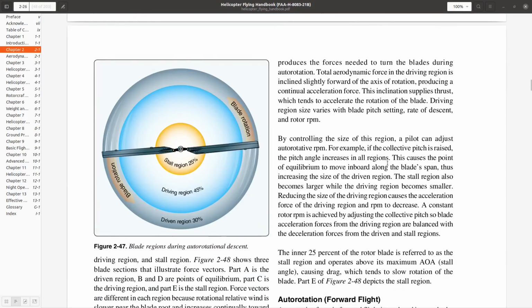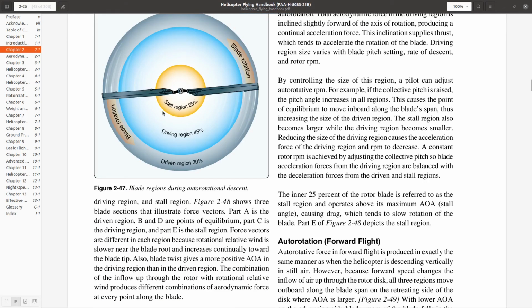So in an autorotation, what happens is the air is coming up through the rotor. So typically, you would drop the collective control, which I realize we haven't talked about yet in detail, and flatten out these blades so that they can spin. And you have in the middle what we call the stall region. This stuff is going so slow. Nothing's really happening here.